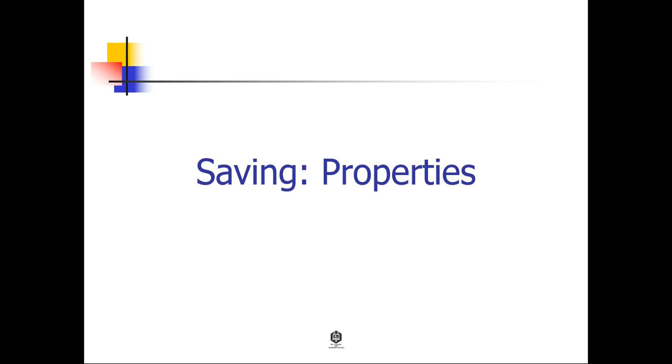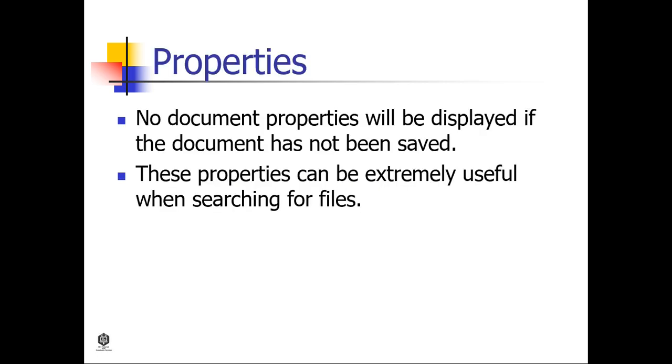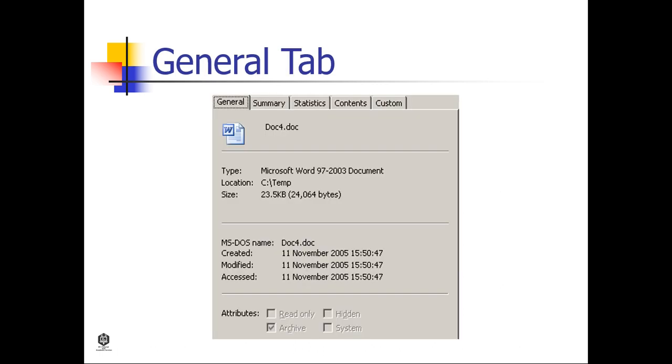Let's proceed to saving in terms of Properties. In Properties, no document properties will be displayed if the document has not been saved. These properties can be extremely useful when searching for files. Here's an example of the General tab.